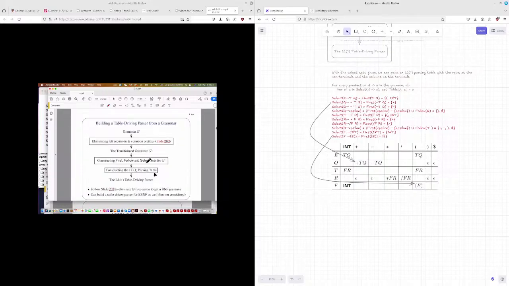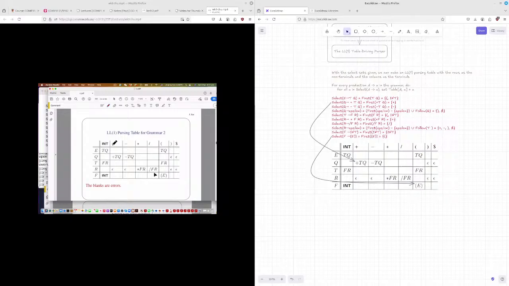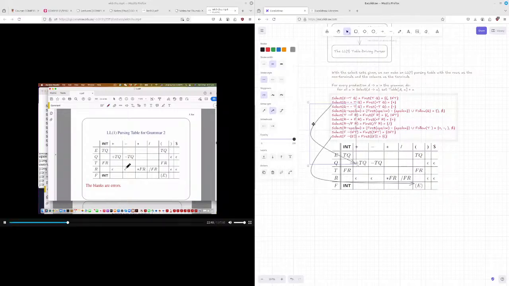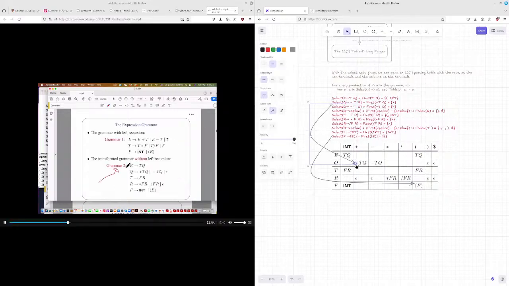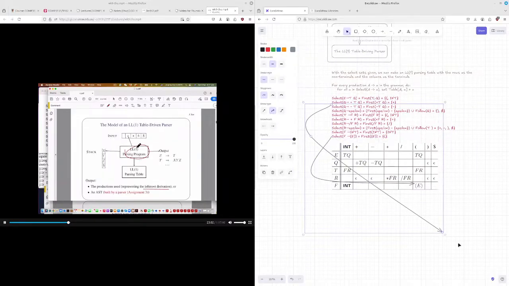Now we're up to here. Then we simply represent all the select sets in a table equivalently. Then we can make use of this driver to perform the top-down parsing, so-called table-driven parsing. Okay? So that's all the components.